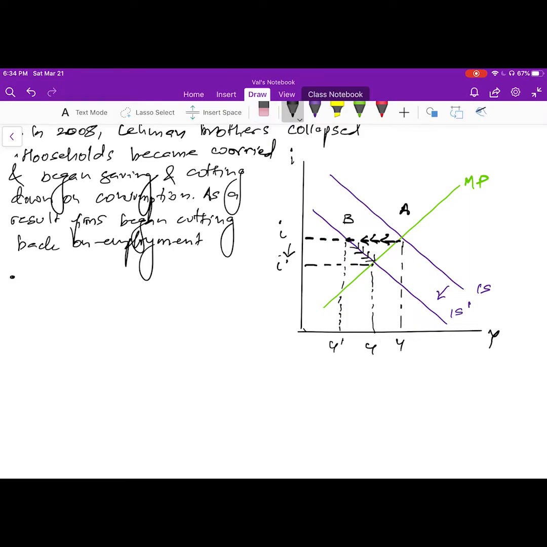So what has happened is, if you look at the graph, first output shrank, therefore it created unemployment. The Federal Reserve or the central bank responded by lowering interest rate, and yes, the output is back. Output is higher, although it's not back at its level before the financial crisis. But that's the whole point of a central bank, to cushion the blow from a crisis like the financial crisis.